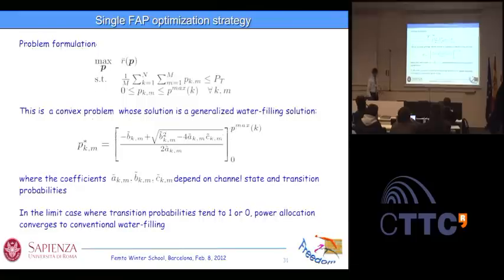The problem is to maximize the expected value of the rate averaged over the interference activities, subject to the usual power constraint, the summation of the powers less than a certain value, and of course the power should be non-negative. We also impose a mask constraint, meaning that the power should not exceed a maximum threshold P max.